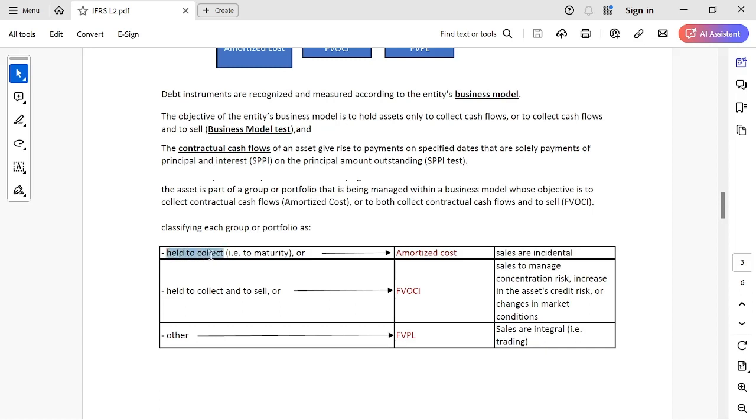If it is held to collect, i.e., to maturity, we can use the amortized cost. And how about the sales? Sales here are incidental. It doesn't preclude us from selling the investment, but this is going to be the exception. This might happen incidentally, but it's not going to be the main case.